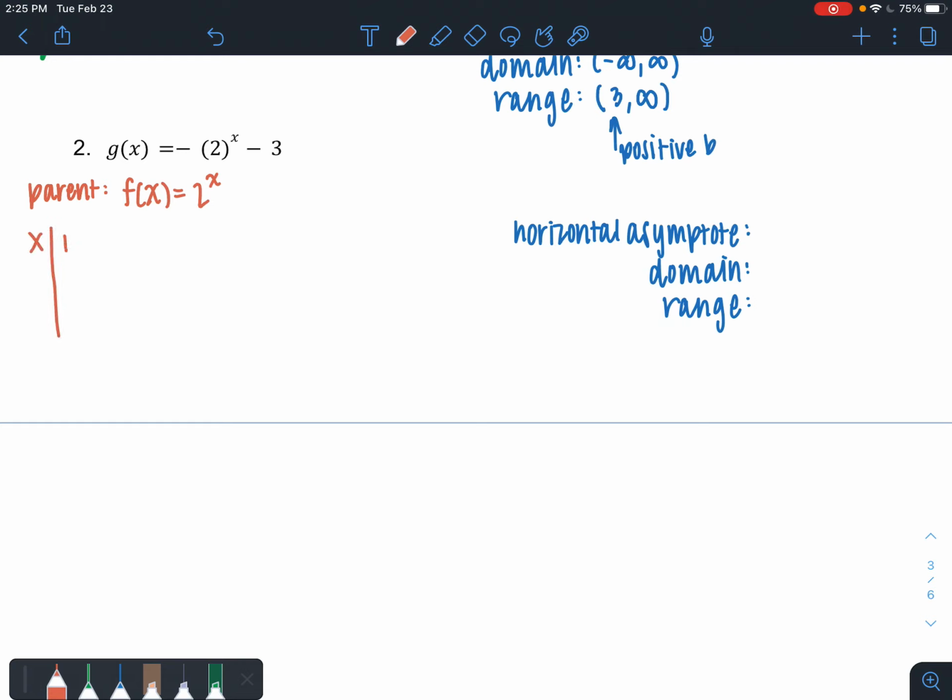So we have our x, our y, -2, 0, 2. I use the same values every time, but it doesn't really matter what you use. So we get 1/4, 1, and 4. Then we have our x and y change. So x, because of this x right here, nothing's going to happen.